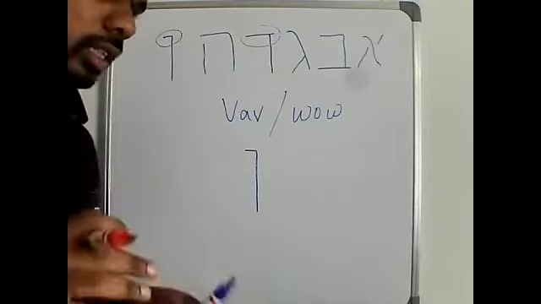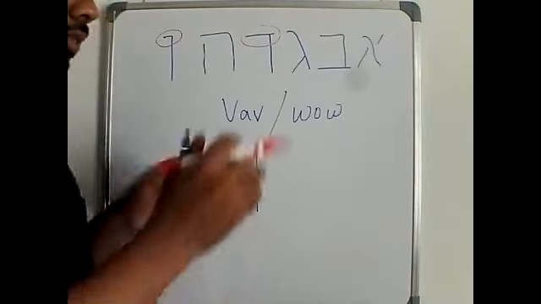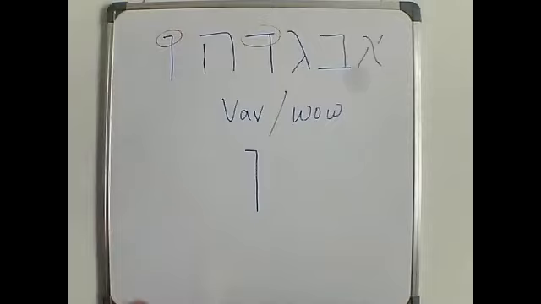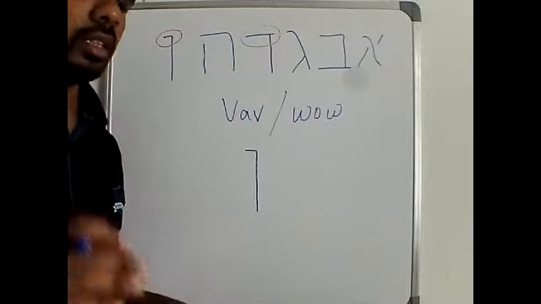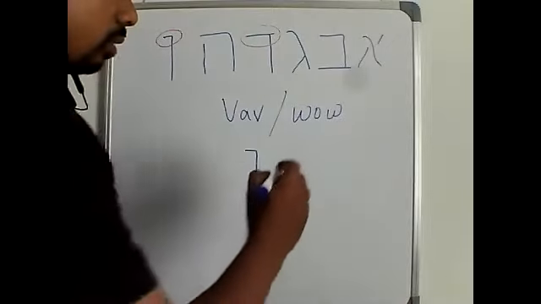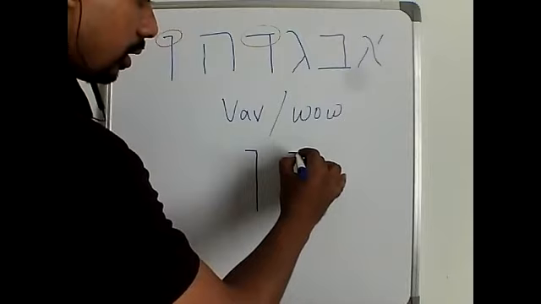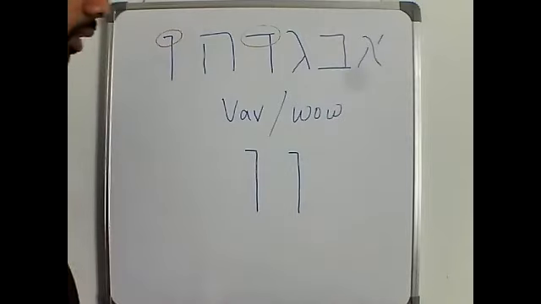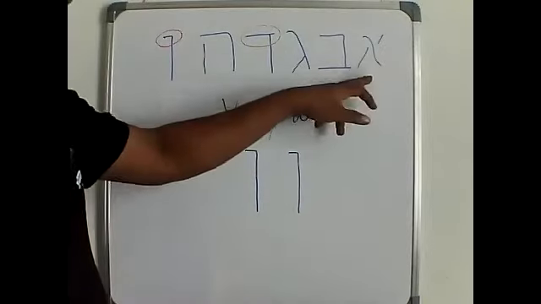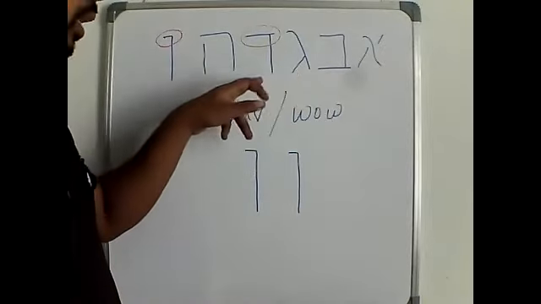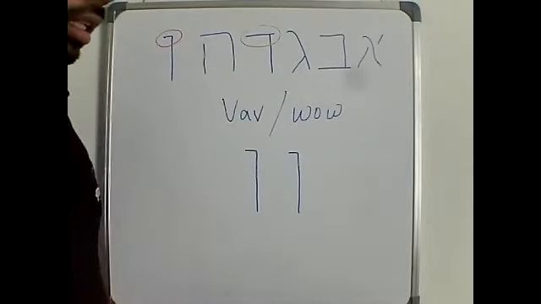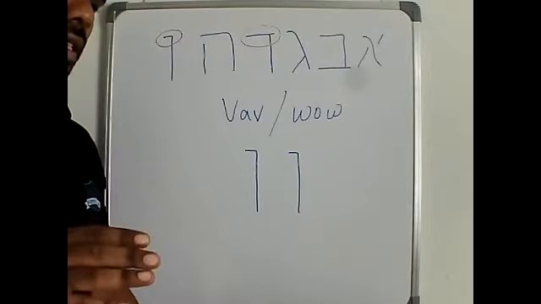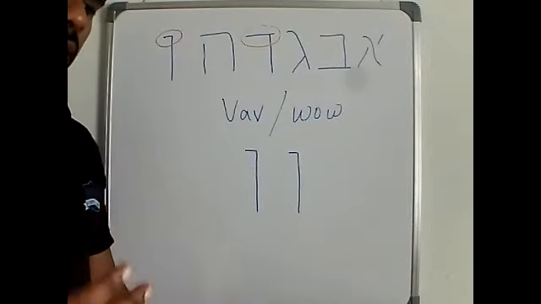So you have to give the difference between all the letters. That is why try to follow what I'm teaching and use that in the letters. Then only you will be able to follow. Start right here. I hope you are all able to get it. Aleph, Beit, Gimel, Dalet, Hey, Vav. What I'm going to suggest is you also have to speak.